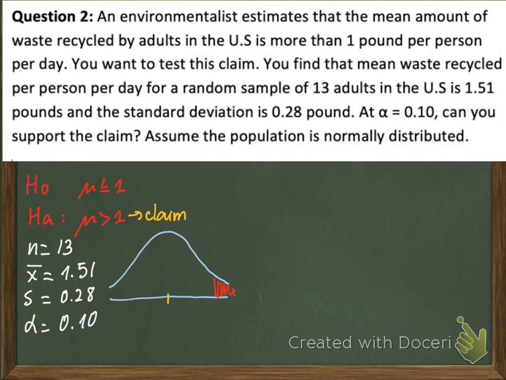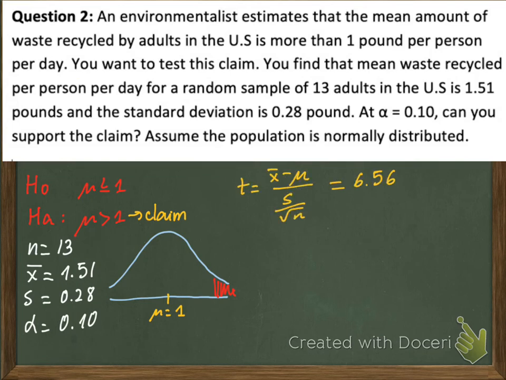Thus, the sampling distribution is normally distributed as well. So we have a bell-shaped curve for the mean, and the mean of this bell-shaped curve should be the population mean from the claim. And this is another right-tail test based on the alternative hypothesis.